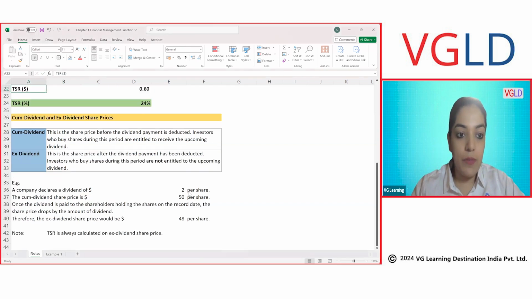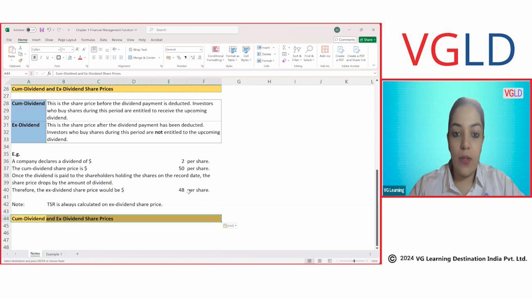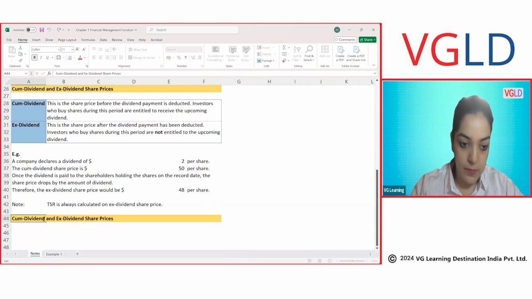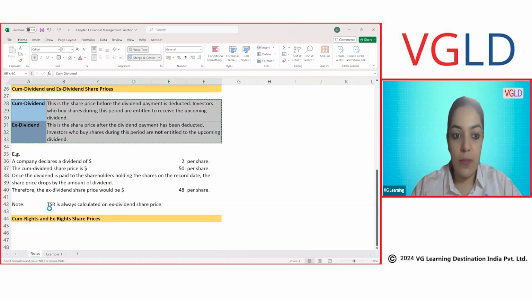Similarly, I'll cover some more concepts here. It will come handy to us later. Similarly, there is a concept called cum rights and ex rights share prices. Similar concept, okay? Let's just build on similarly over here.